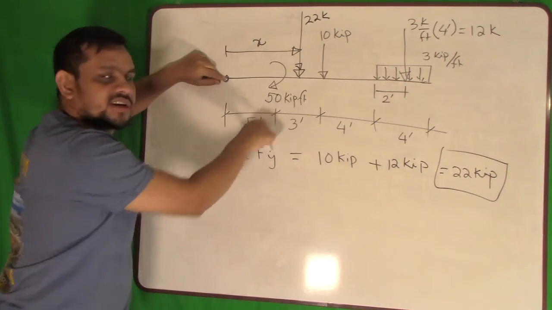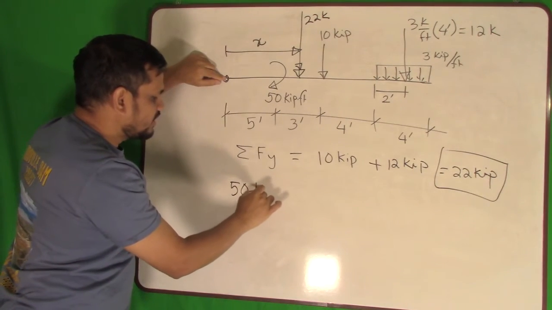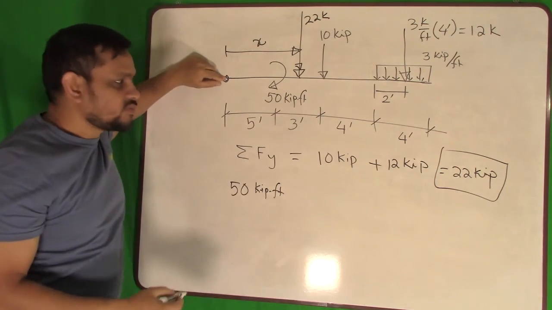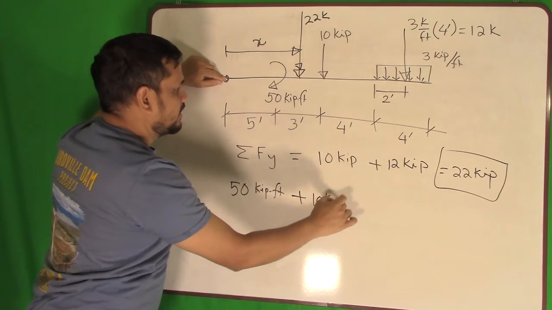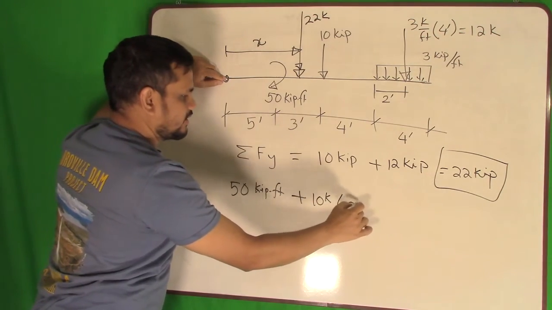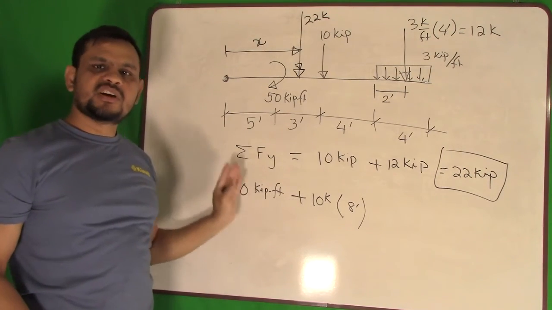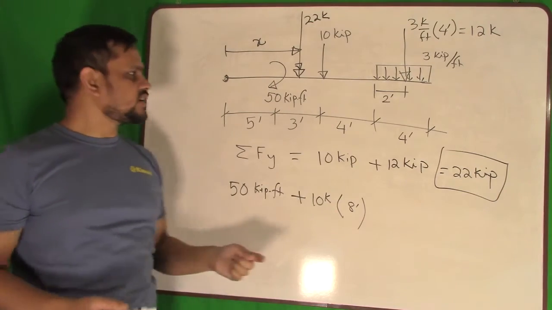So this is 50 kip-feet clockwise. I should consider it now. 50 kip-feet is my first moment. Second is this one, 10 kip times 8 feet. This is positive, this is positive, because both are clockwise, so both are the same direction, the same sign.